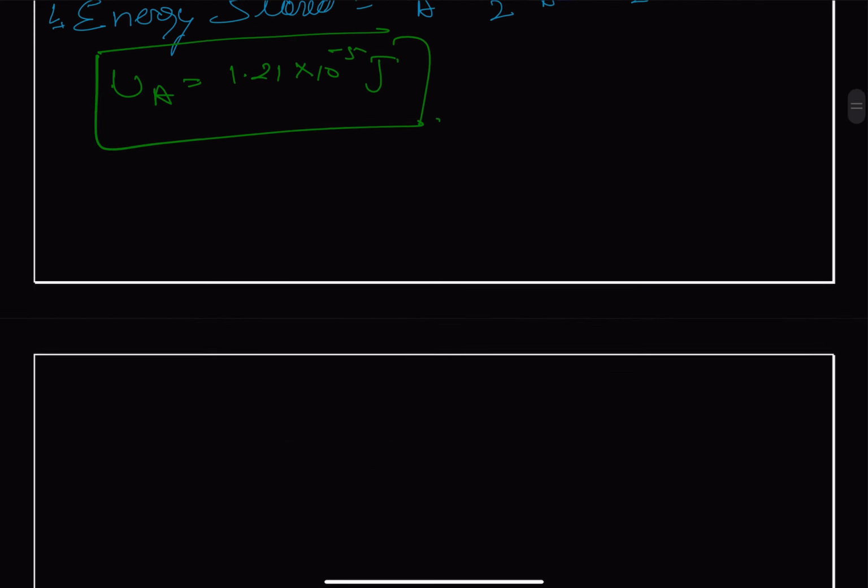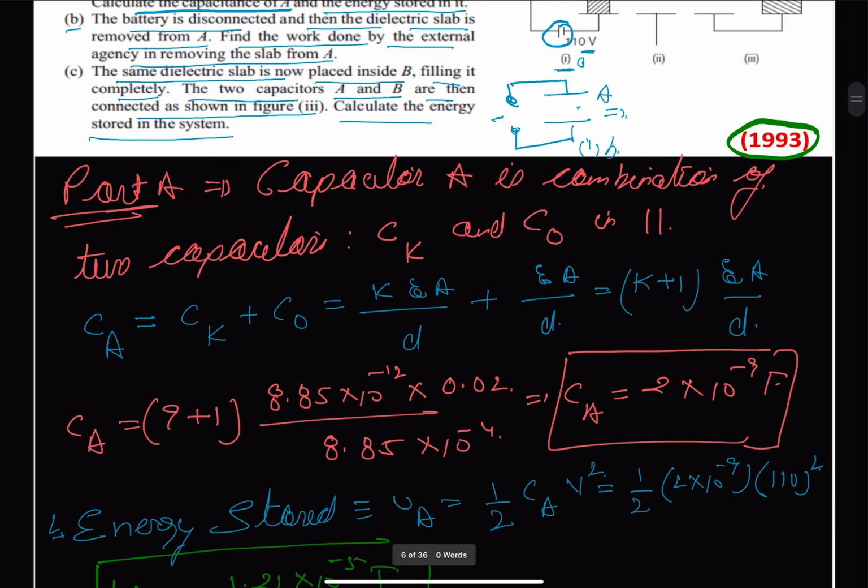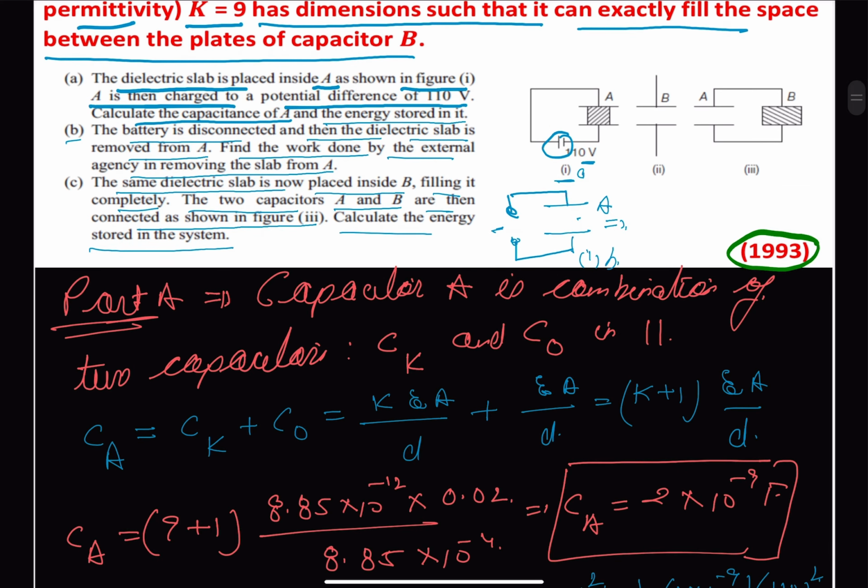Now we come to our part B. And part B states that the battery is disconnected and the dielectric slab is removed.